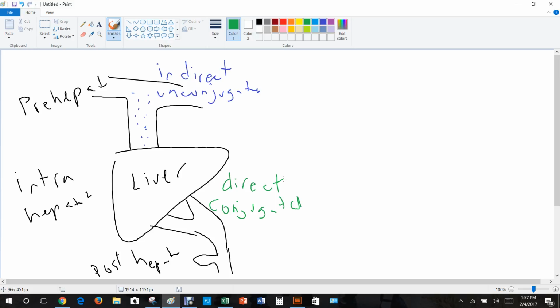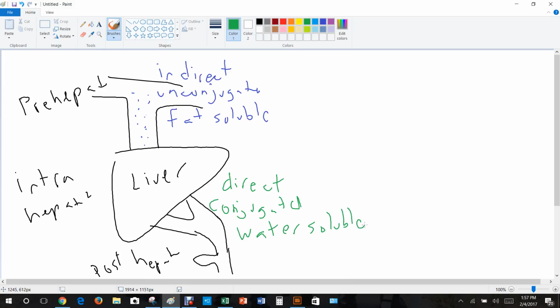The difference is that the unconjugated bilirubin is fat soluble. Fat soluble means it doesn't mix with water well, which means you can't pee it out. I think that's part of the reason it goes through the liver: the liver conjugates it so that you can pee it out. So conjugated, or direct, is not fat soluble, it is water soluble.